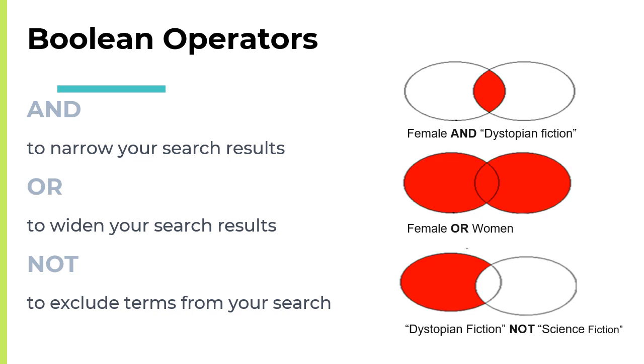So for example, with female or woman, that would give us articles with female only, with female and woman together, or with woman only. You can use the term not to exclude, but it is generally not recommended and is easier to scan through the results yourself.